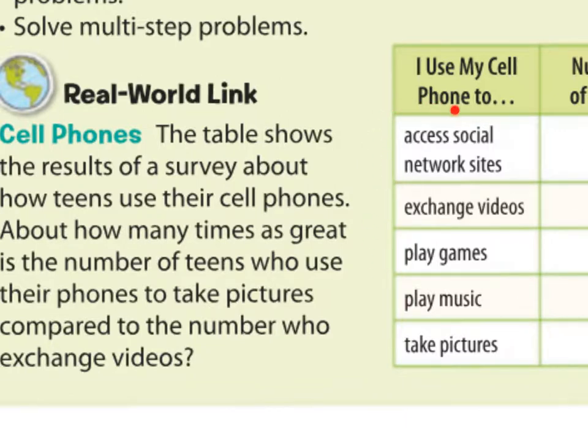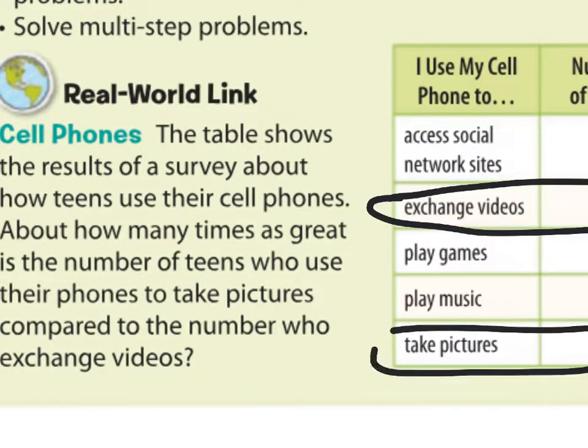So, I use my cell phone to access social networks, exchange videos, play games, play music, and take pictures. So here we go. The two that we are talking about is exchanging videos, and the other one is taking pictures. And notice that I've highlighted our data, the information that we need.